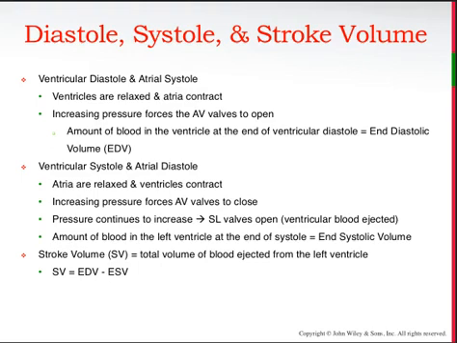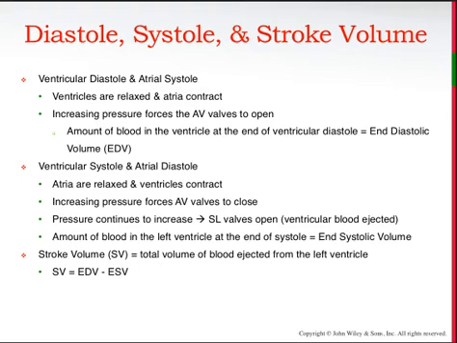The amount of blood in the ventricles at the end of ventricular diastole is called the end diastolic volume. So at the very end of ventricular relaxation, we have a volume of blood in those ventricles, and that's called end diastolic volume. Hang on to that term for a little bit.